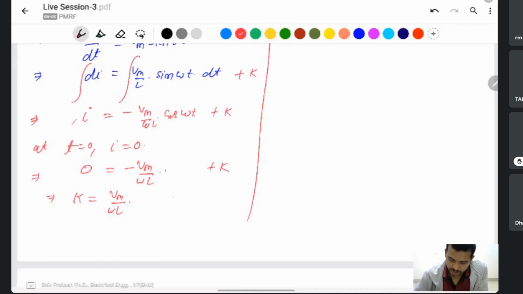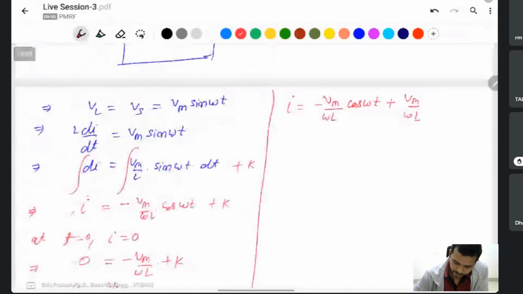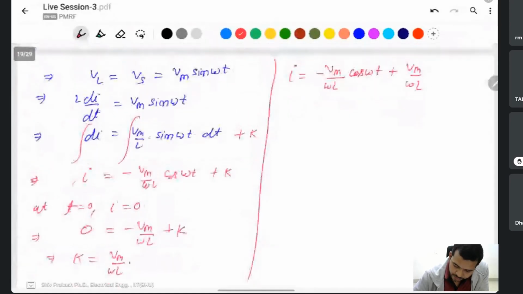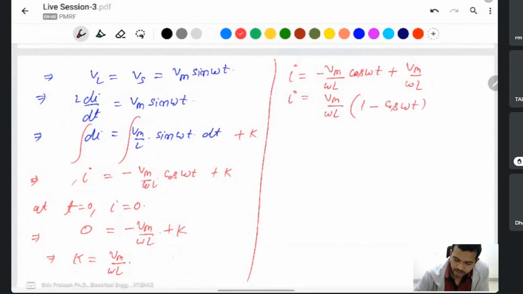Taking Vm by omega L common, I will be Vm by omega L into (1 minus cos omega t), the current equation.